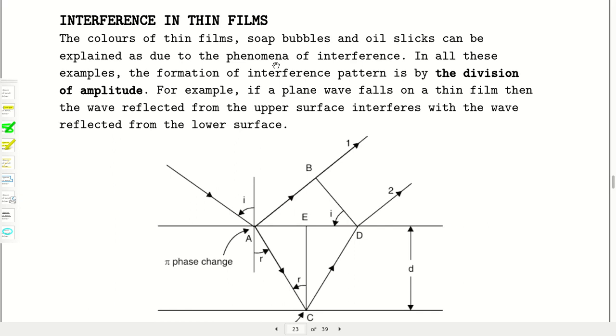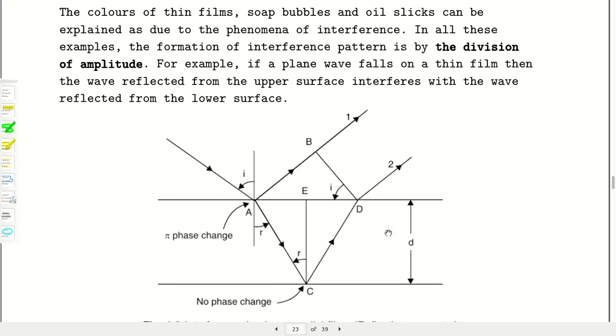The Newton's ring experiment I will show you, but for the time being you can think of a layer of oil on the surface of the road, or a soap bubble. Those things can be treated as thin films.